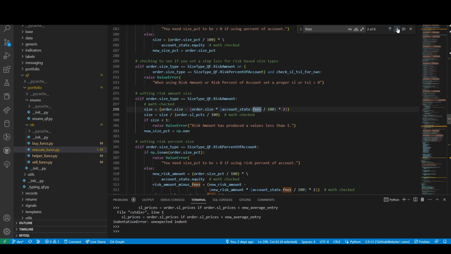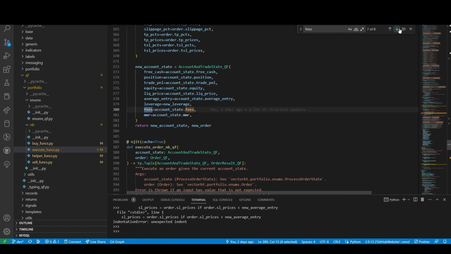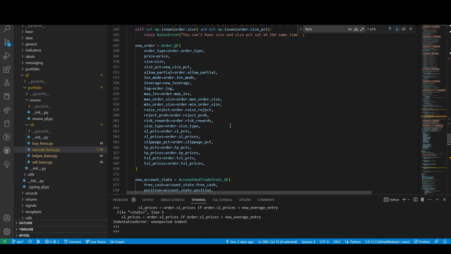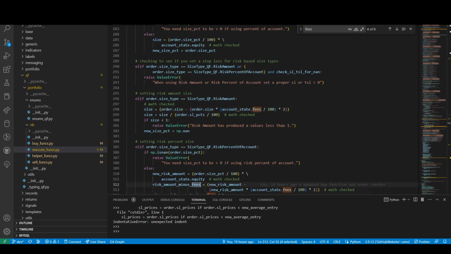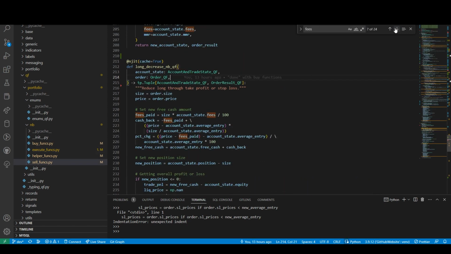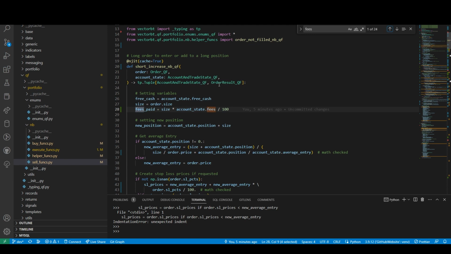So account state. All right. So fees. Let's go back up to the top here. So fees paid.